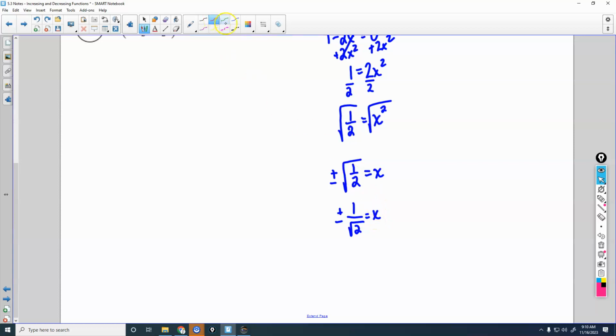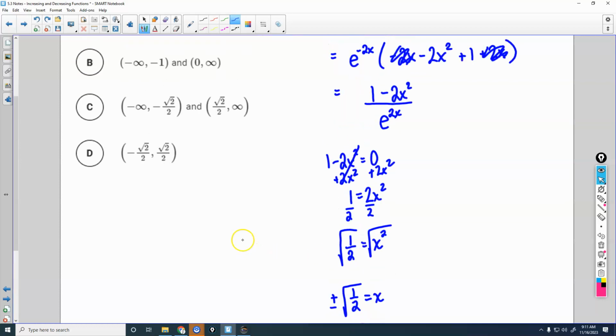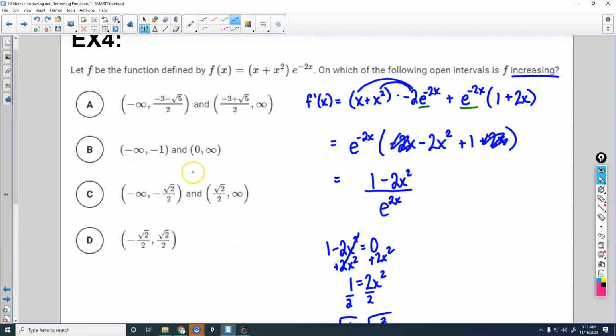And then what do I do to rationalize that denominator? Multiply by square root of 2 over 2, which will give us plus or minus square root of 2 over 2. All right, so that is square root of 2 over 2. So that should be good because you're seeing that show up in your answer choices somewhere. I'm thinking maybe A is not going to be it.